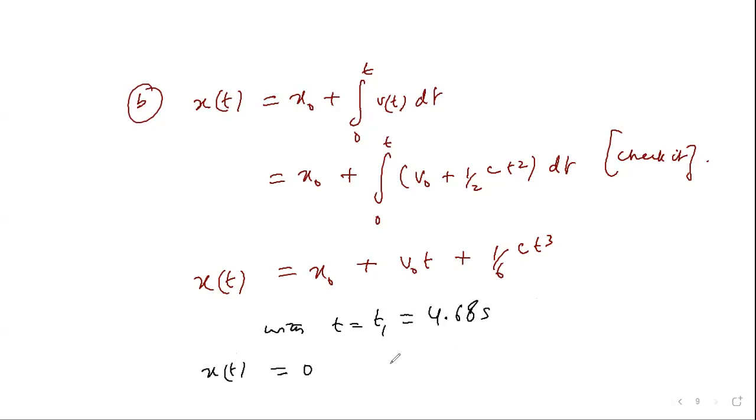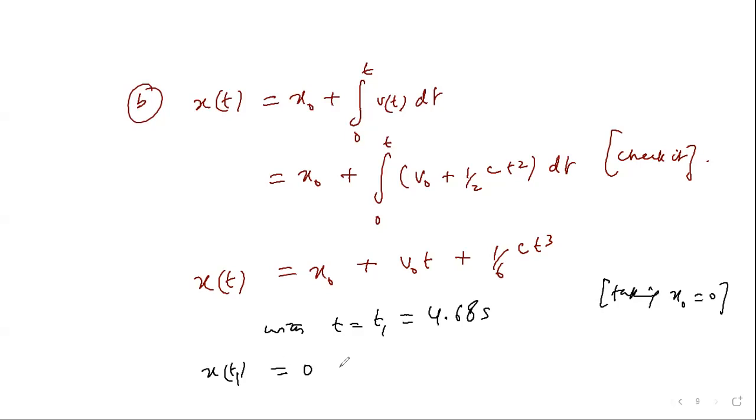We assume the point where the car begins to stop, or the braking force is applied, as our origin, taking x0 equal to 0. We have to solve for x of t1, right?